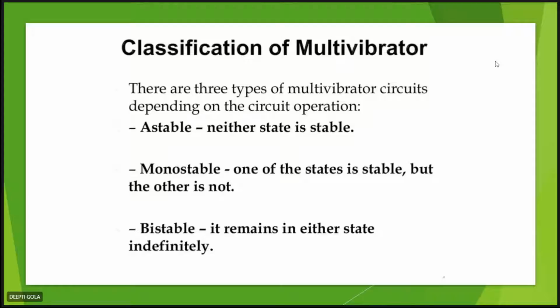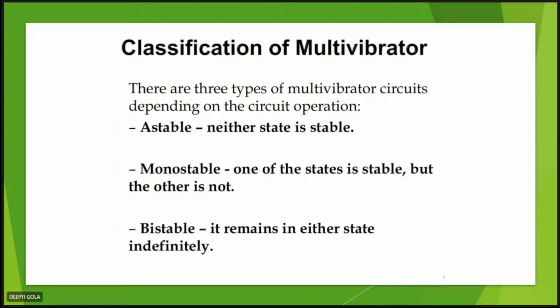So there will be a square kind of wave at the output automatically. In between you do not need to give any trigger for the output to vibrate between the two modes. It will automatically generate a square wave.